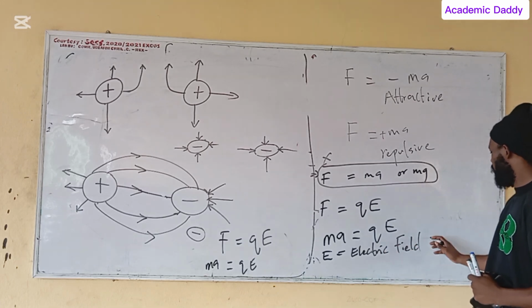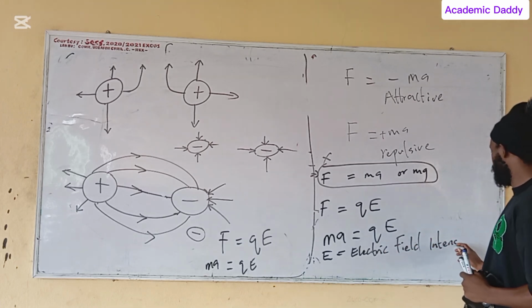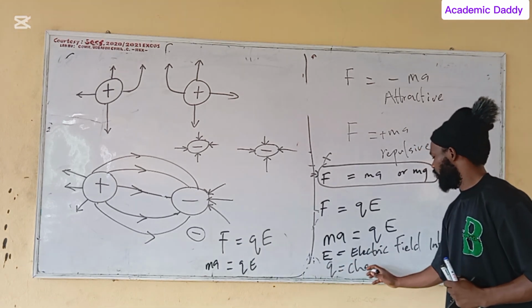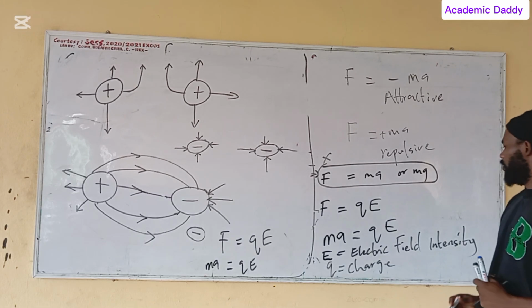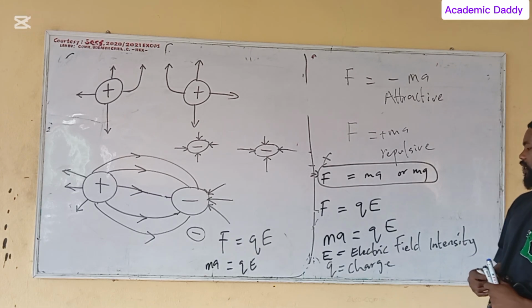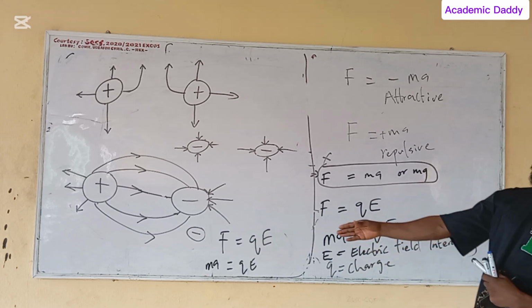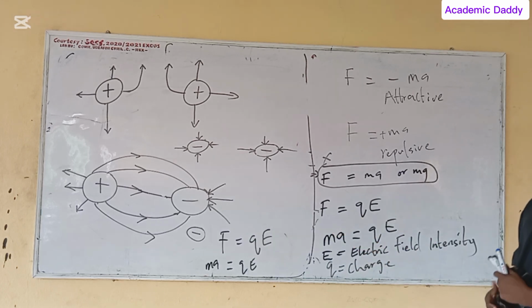Don't confuse it. And then Q is for charge. Are you seeing it? So you need to note that F is for force, M is for mass, A is for acceleration. You need to know this. If it's where they are talking about g, that is acceleration due to gravity.